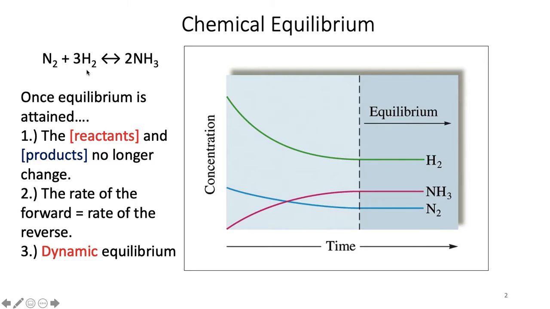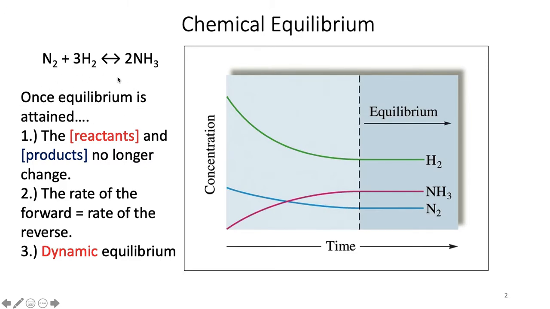The forward and reverse reactions are denoted with a double-sided arrow like here, or an equal sign with two arrows pointing in either direction. There are several different ways you can do that, but as long as you have two arrows pointing in either direction, that tells you this reaction is reversible. It can go in one direction and in the other as well.